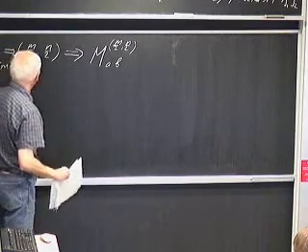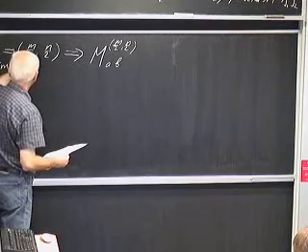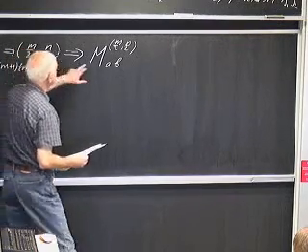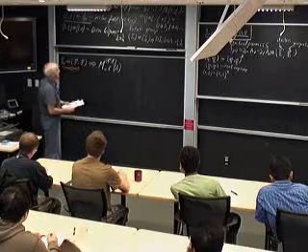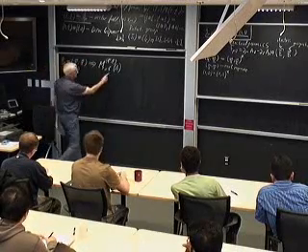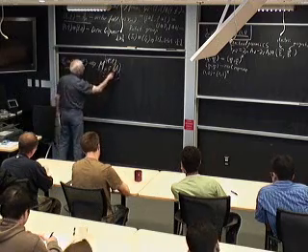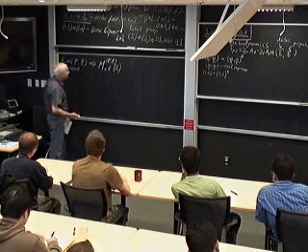We already discussed this. It's connected with this representation. And for each Lorentz transformation, we have some matrix.